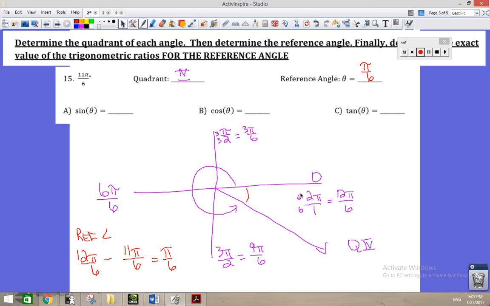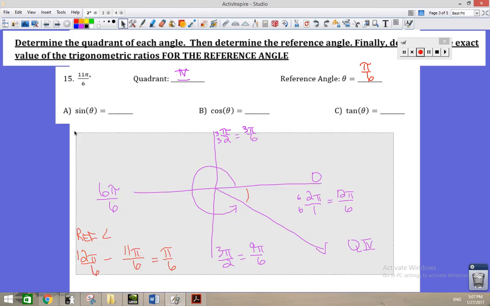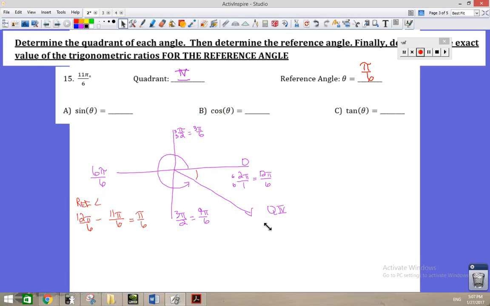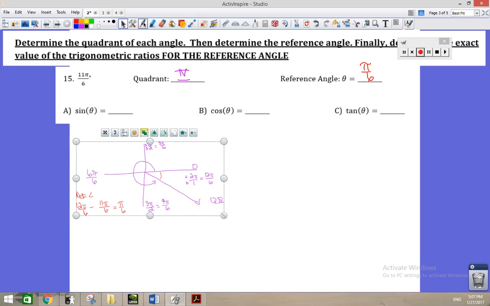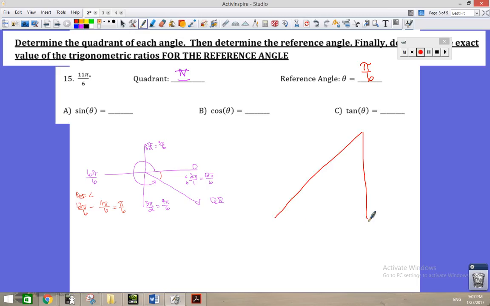All right, so let's shrink this up, and pi over 6 is 30 degrees. So let's write my 30, 60, 90 degree triangle, but only with radian measure. If this is pi over 6, this one's pi over 3, and this is 1/2, and this is square root 3 over 2, and this is 1.